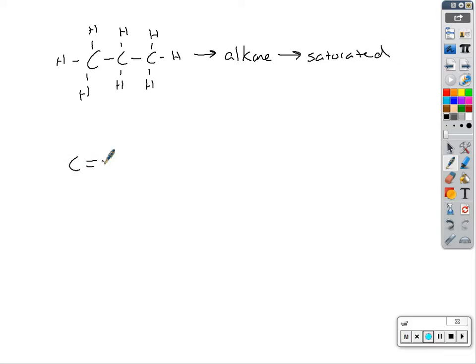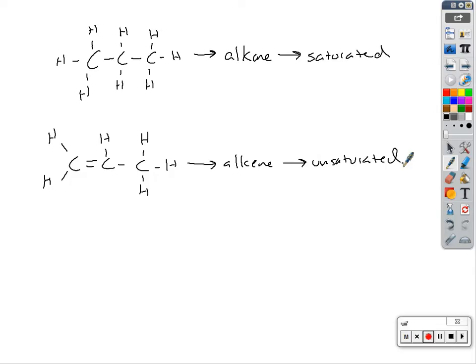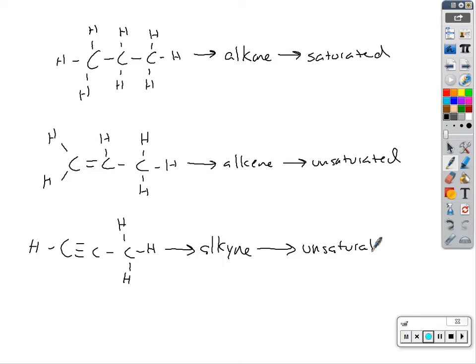If you have a double bond in there somewhere, that makes it an alkene, and that would be unsaturated. If it's got a triple bond in it anywhere, that triple bond makes it an alkyne. And again, alkynes are unsaturated. The only saturated hydrocarbons are the alkanes.